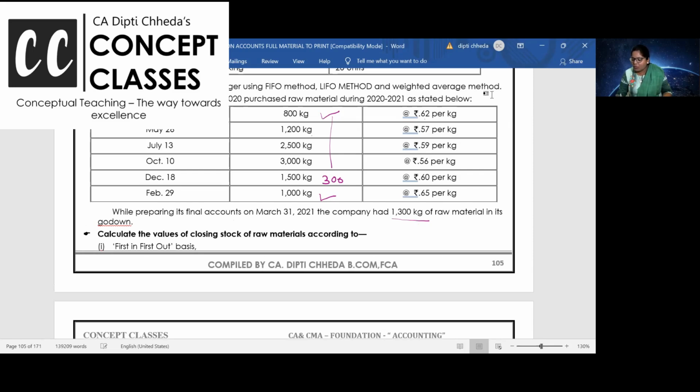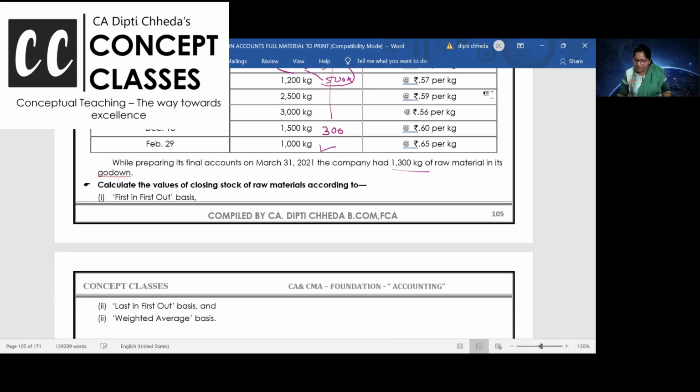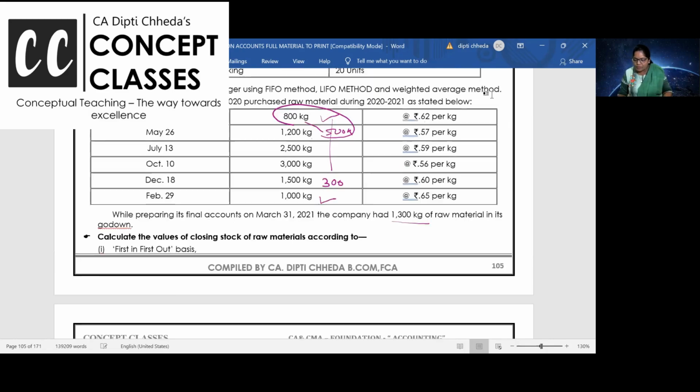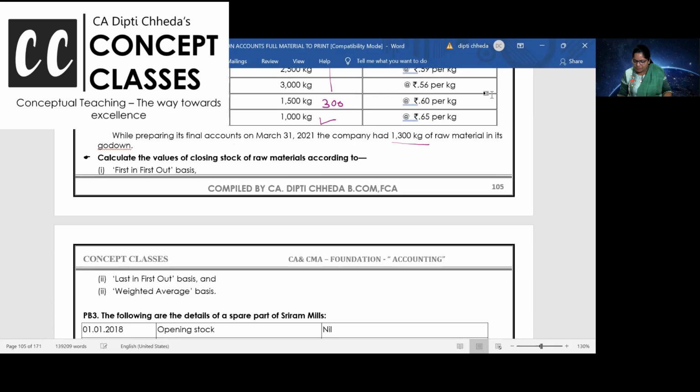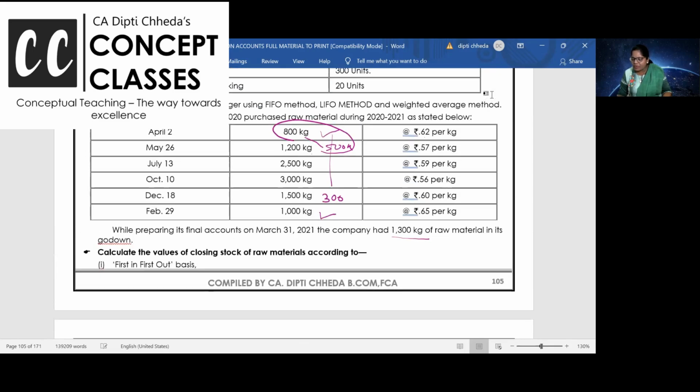So 800, whatever is the latest stock you will receive. So first stock 800 and 500 kg out of here will be left. Latest has gone, and so on. Is this clear to all of you? So this is how we value in case of LIFO. And weighted average: just do the total of all the purchases, divide by all the quantity, you will get the per unit.